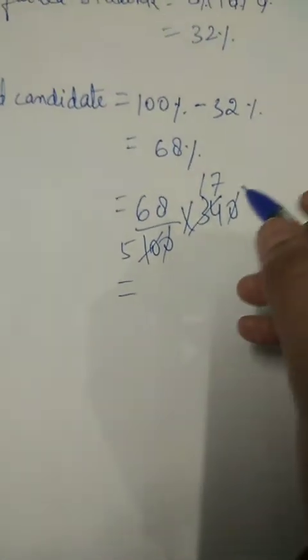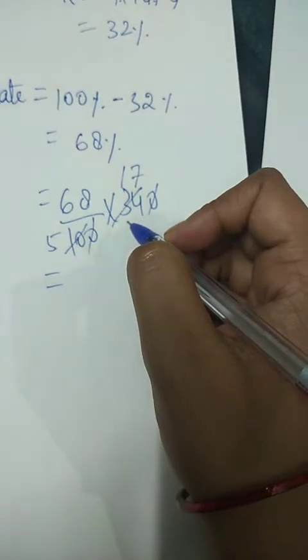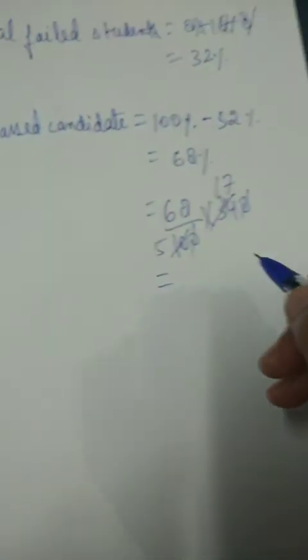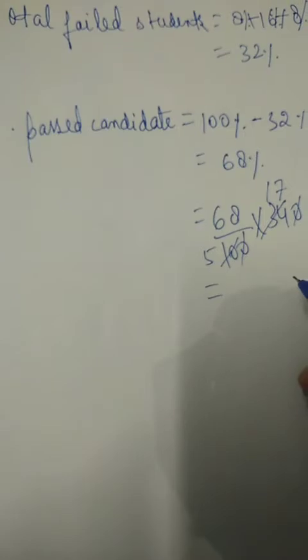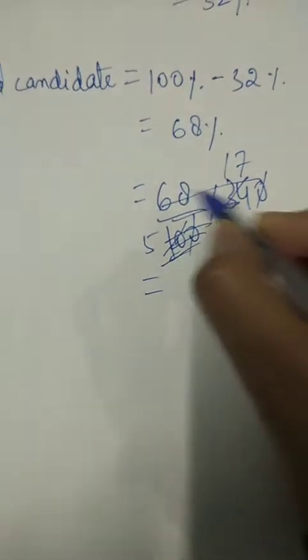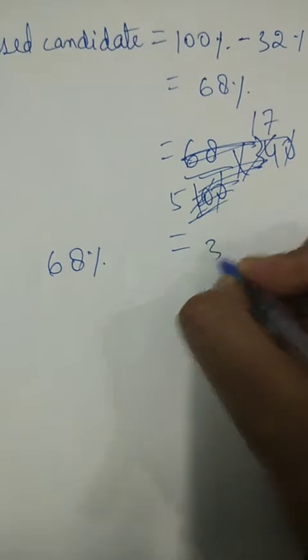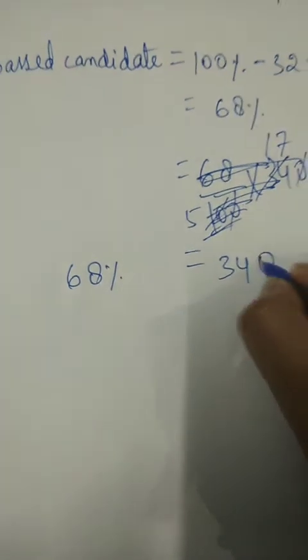340 passed the test. So 68% equation will be equal to 340.